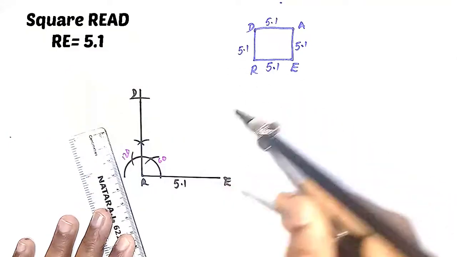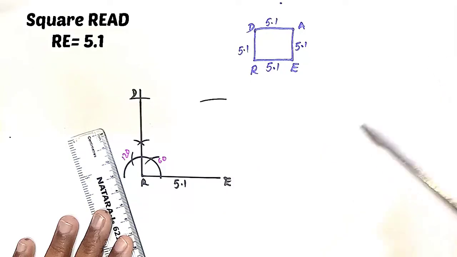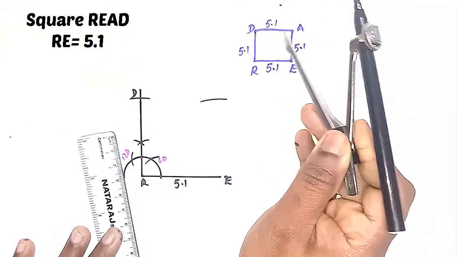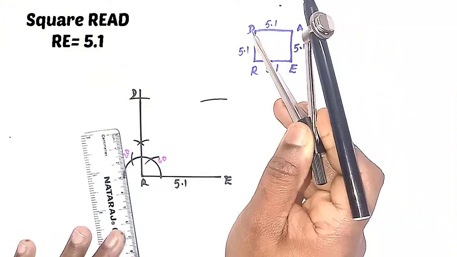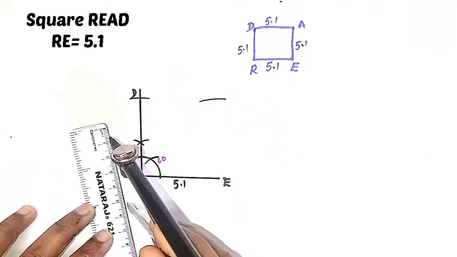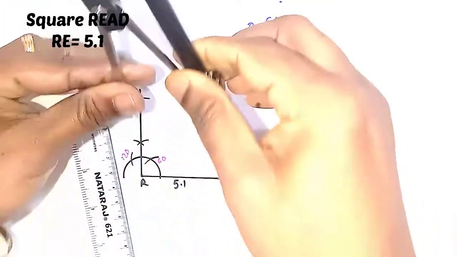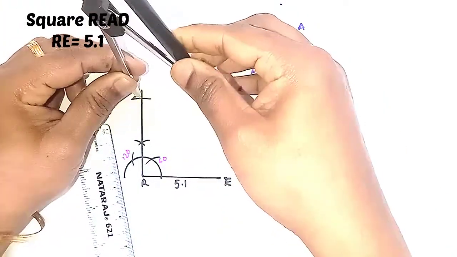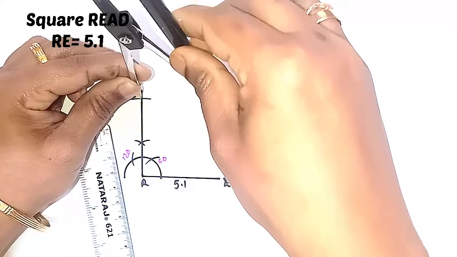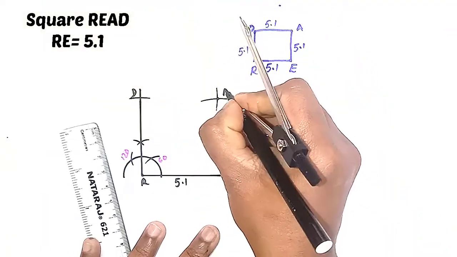Then with this point as center, draw an arc here. Then A is 5.1 centimeter away from D also. So again 5.1 centimeter. Make sure that this is 5.1 centimeter. Then cut the previous arc. Then this point is A.